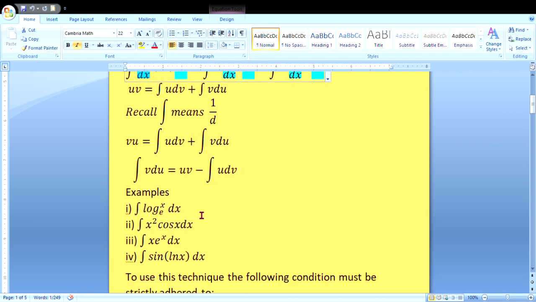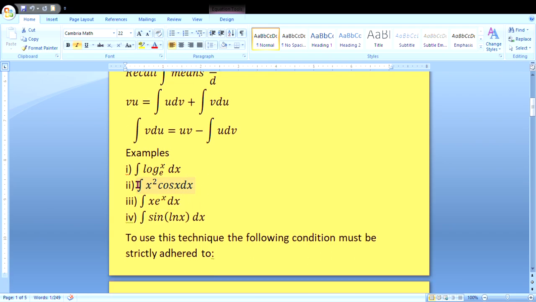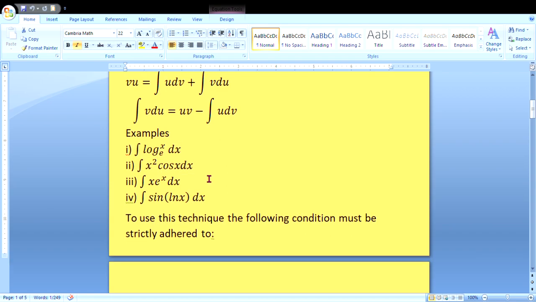Now let's take a look at examples of what we're trying to look at here. If we have an integral of this type, the integral of log x to base e dx, that is the integral of ln x, that's one example of integration by parts. Number 2, the integral of x squared cos x dx.